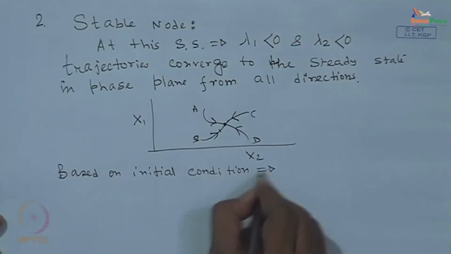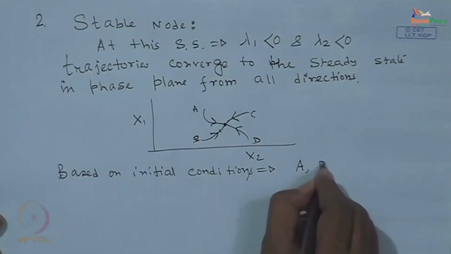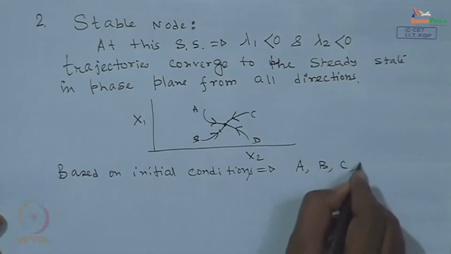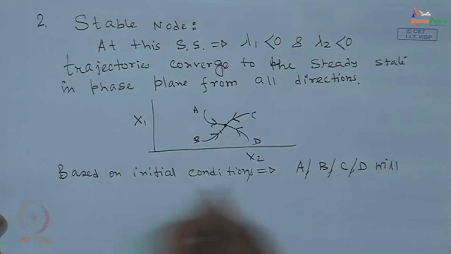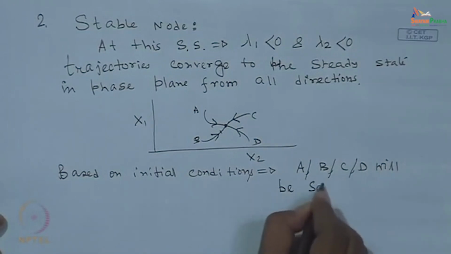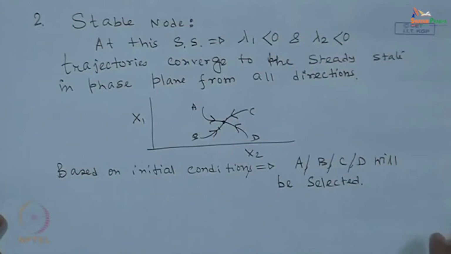Based on the initial conditions, the path A, B, C or D will be selected. So, that is called a stable node.